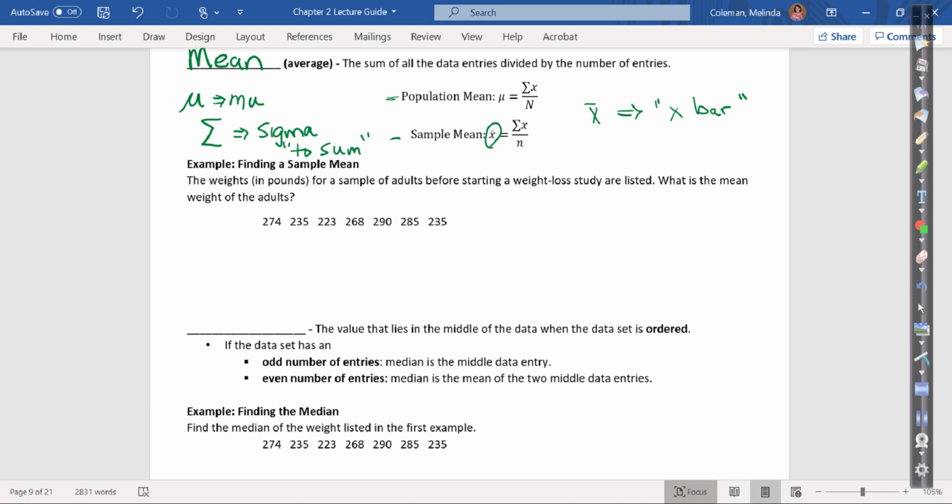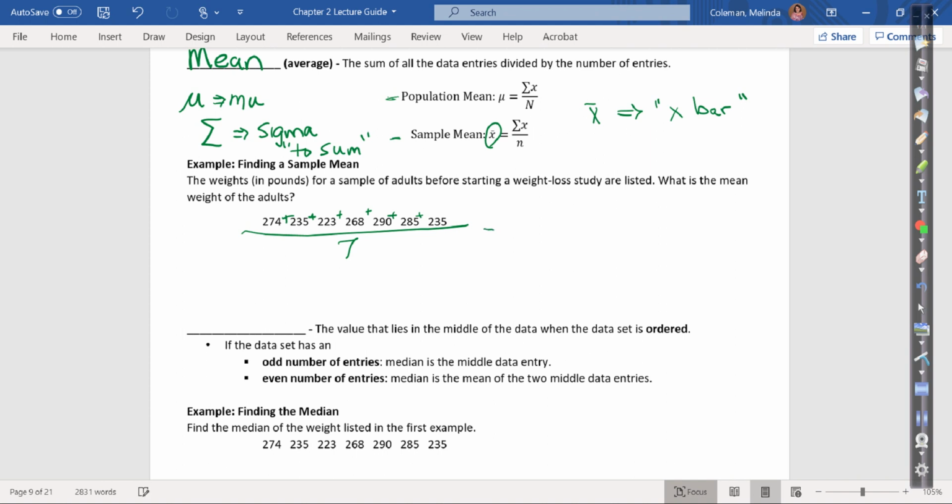So if I find the sum of this one, I'm going to add all of these up. So 274 plus 235 plus 223 plus 268 plus 290, 285, 235, add all of those up. Divide by the number that there are, 1, 2, 3, 4, 5, 6, 7, divided by 7.